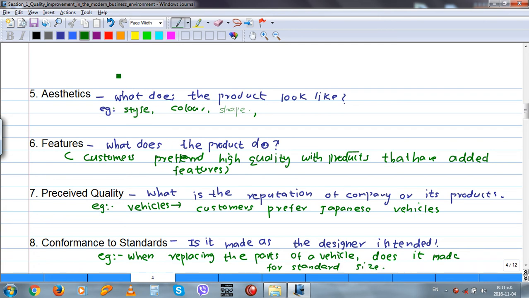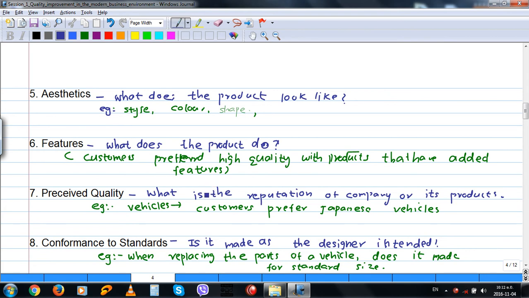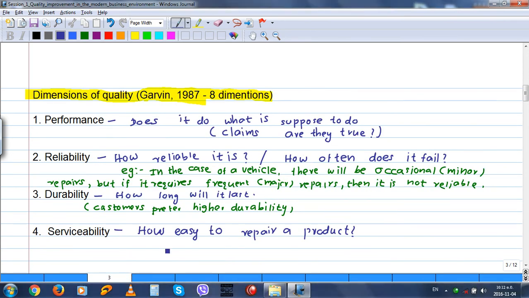Right? This is about the dimensions of quality, which was expressed by Garvin in 1987.